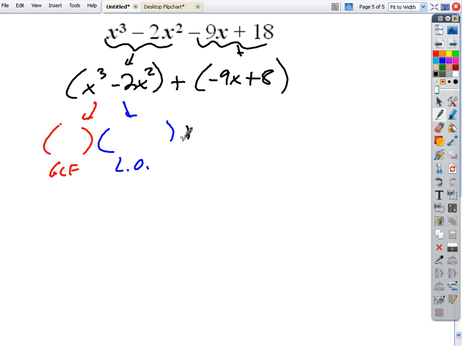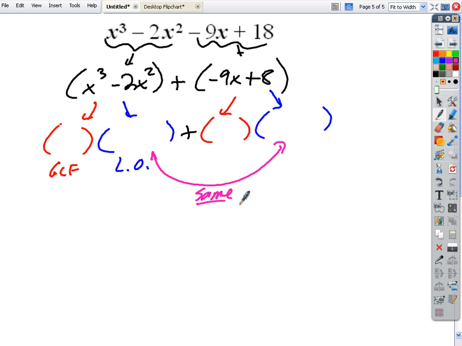And then remember that over here in the second group, we're going to do the same thing, but those 2 have to be equal for this to work. If they're not equal, we're done. It doesn't work. This technique falls apart and we can't factor it. These 2 must be the same.